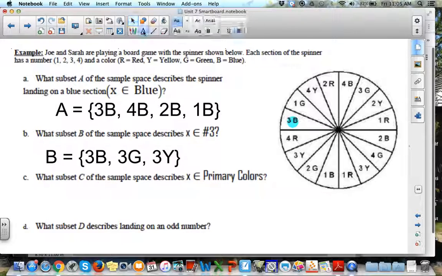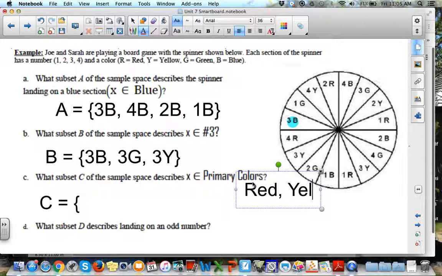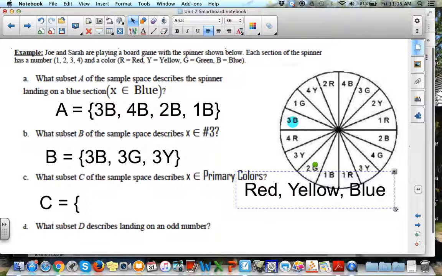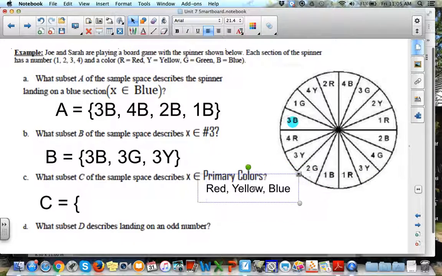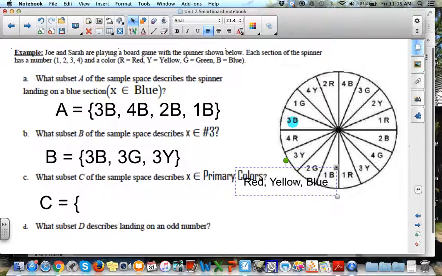Okay, subset C is talking about anything that is a primary color. Well, do we remember what our primary colors are? Our primary colors are red, yellow, and blue. So we're only going to be looking for elements that have those colors on them.